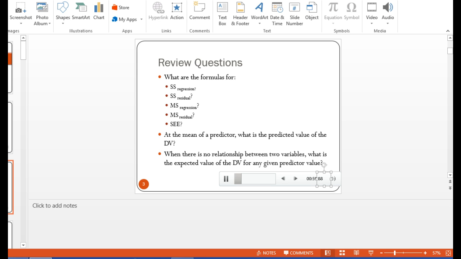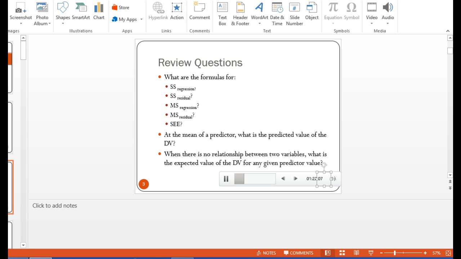But that would be the best that we could do. Well, SS regression, that's the formula for that, is saying, look, we want to improve on just having to do our best guess, which is the mean of the DV. So if SS regression could talk, it would say, am I doing better than the mean of Y?